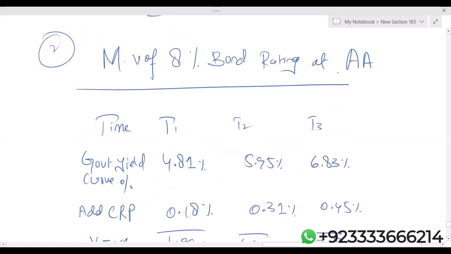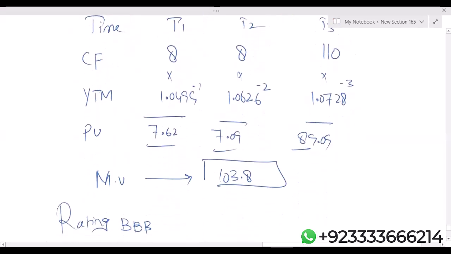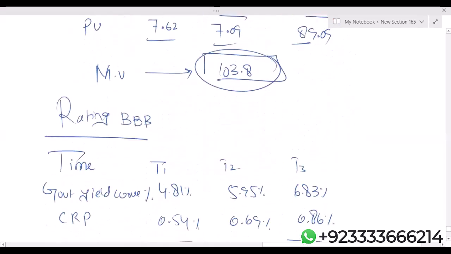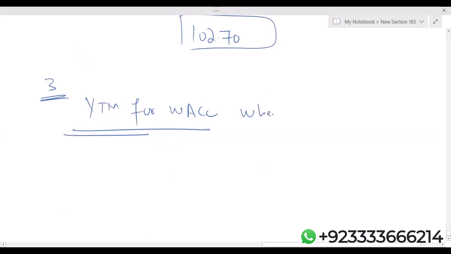So when the rating is AA, market value of the bond is 103.8. Now listen, students, carefully. YTM for WACC when rating is AA. Simply we have to use the IRR shortcut.